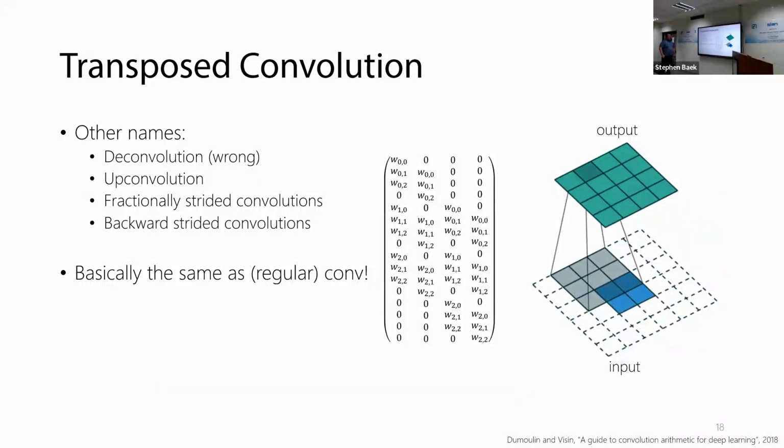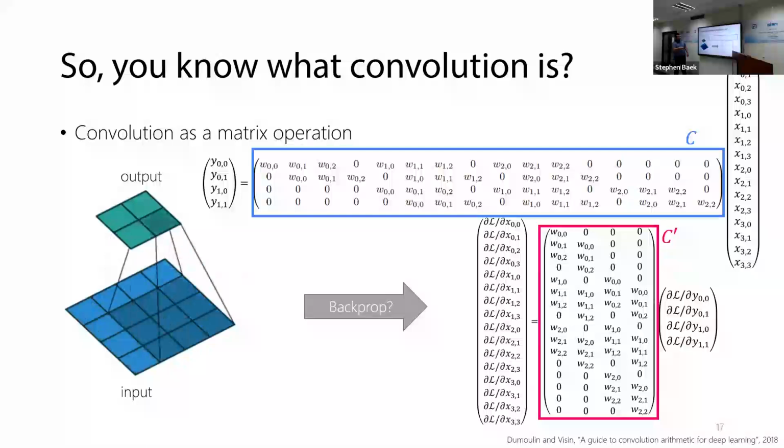So basically, the idea of transposed convolution is to take the transpose of the weight matrix, and then multiply this transpose of the matrix as if this is the actual convolution kernel. Because in terms of the math, there's nothing specific. We have some weight matrix, we have the input, and we just multiply the weight matrix on the input.